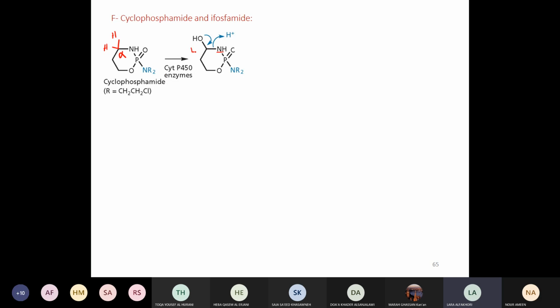And you all know that such compounds, where you have a carbon attached to two heteroatoms via single bonds, are they stable? No, they break quickly.